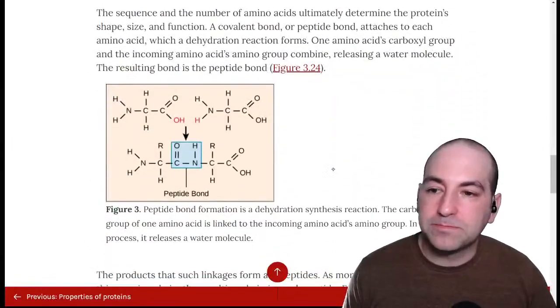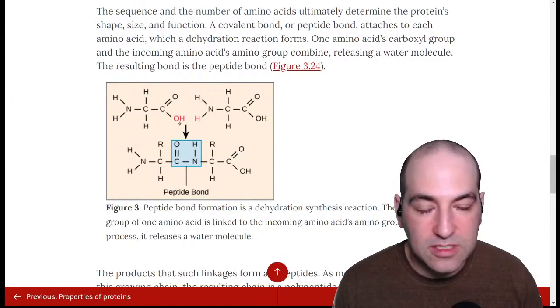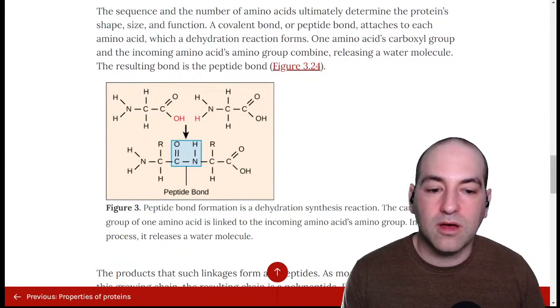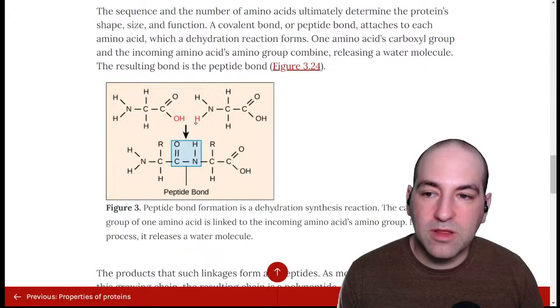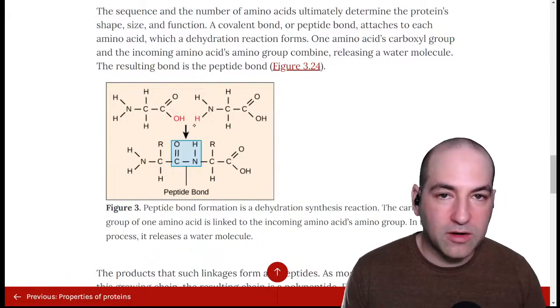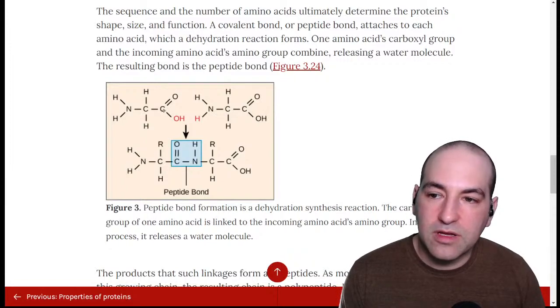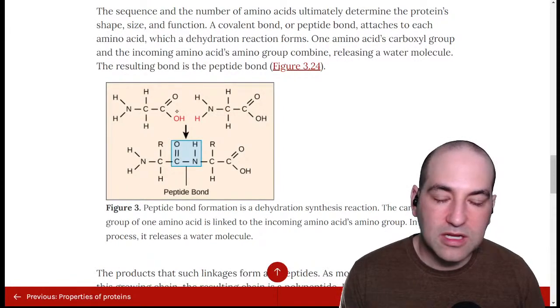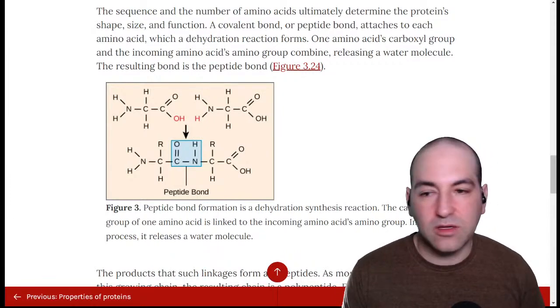All right, so two amino acids can come together like this, and just like we've seen in the last two categories, can make what's called a peptide bond. So you've got H and OH. You get rid of the H and the OH, and that's called water. So that's a dehydration or condensation reaction. And then what's left over is the carbon and the nitrogen, and those are going to connect together and make this type of a bond, which is called a peptide bond.